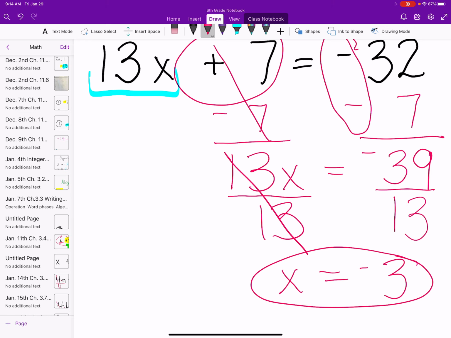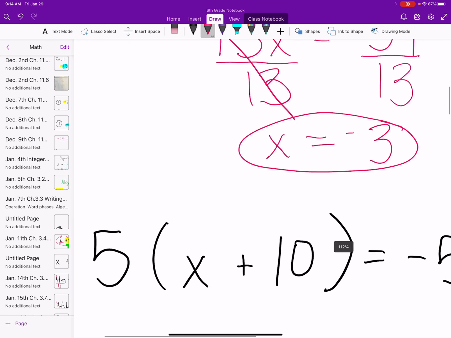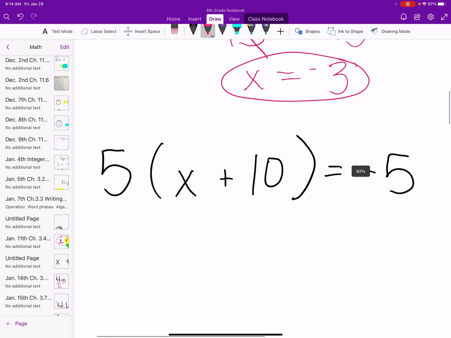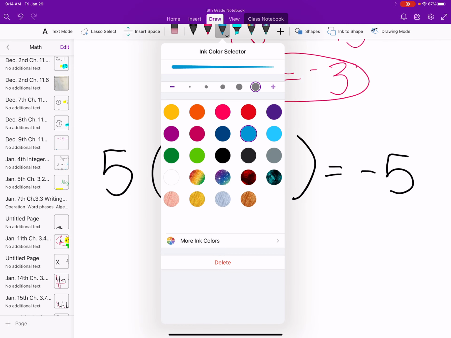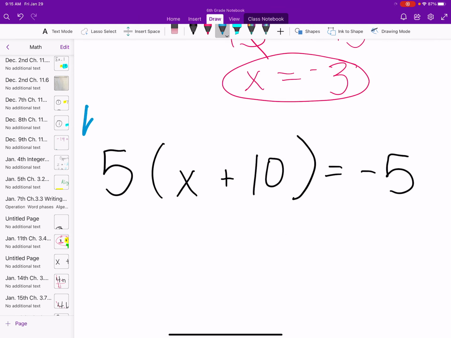Okay. Let's try something a little different. Okay. What we're working on with this problem is something called the distributive property. And this is super important as we go along in our studies.